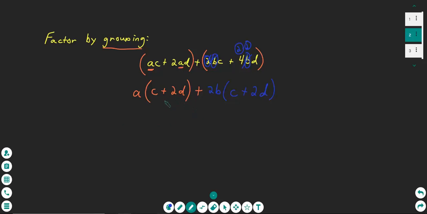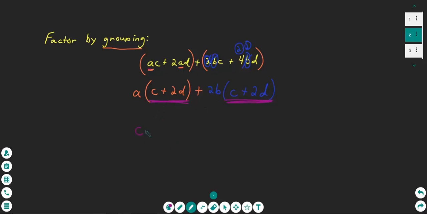All right? So looking at it, what do we have that's common? Well, again, it's the parentheses, right? If you didn't already see that, that's the beauty right here. This is the magic. C plus 2D and C plus 2D. They are exactly the same. So I can now factor out the C plus 2D, just like I factored the A and I factored the 2B.